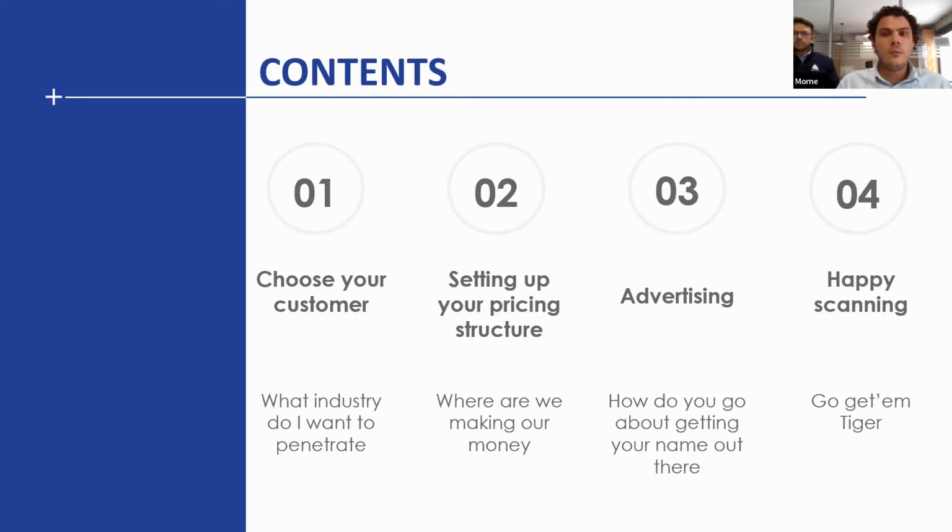Especially for a startup business that doesn't have millions to spend on a marketing budget, this really helps you get those initial traces off the ground and start running. And last but not least is happy scanning. That's the point where we go get them, Tiger.